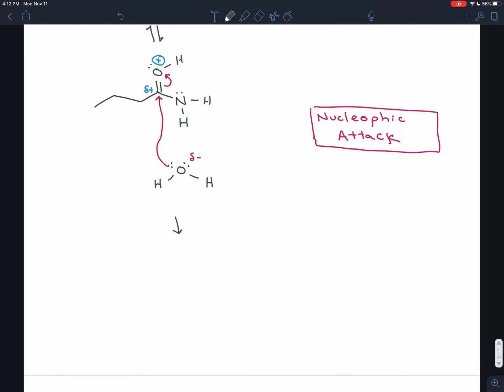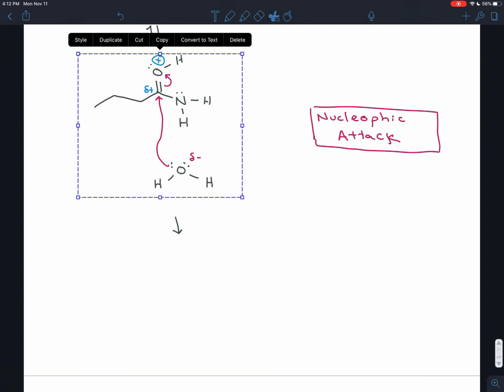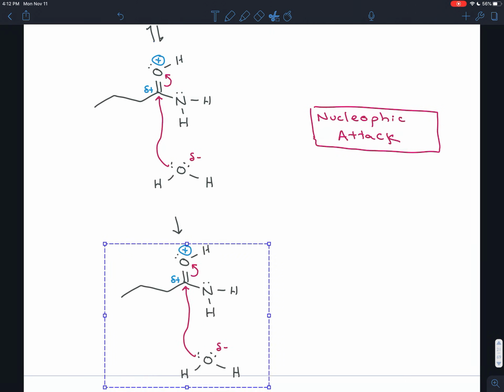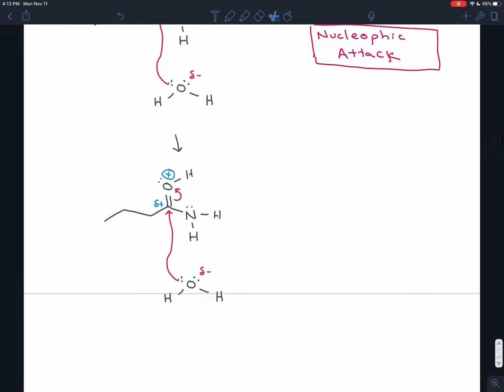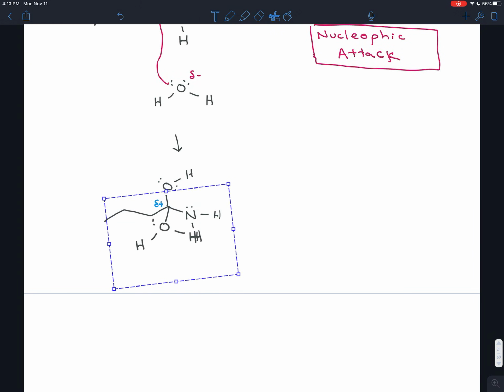So what you get after that nucleophilic attack is this pi bond breaks, those electrons go onto the oxygen and take away that positive charge. Moreover, you form a bond from what was the carbonyl carbon to the water. So one of those lone pairs gets that done.